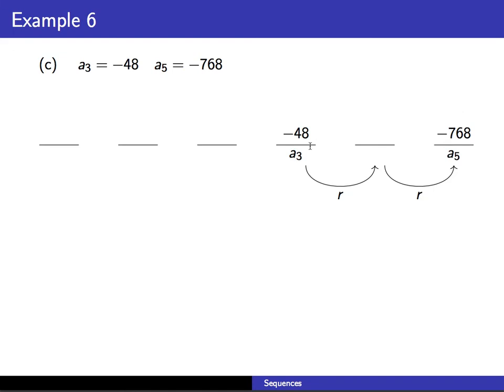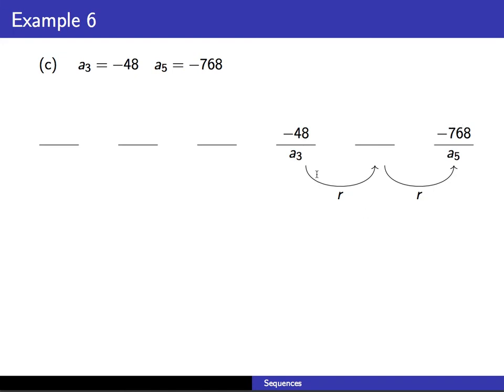To get from the third to the fifth, we have to multiply by r, not once, but twice. So whatever the common ratio is, we take negative 48, multiply it by that ratio once, and then multiply it by that ratio a second time, and our result would be negative 768.